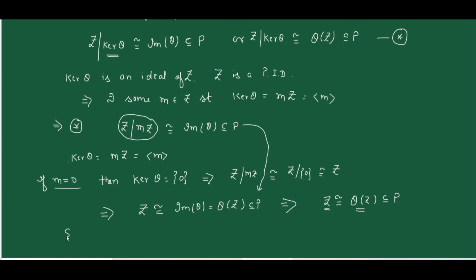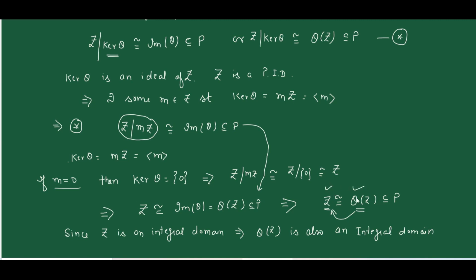Since you know that the set of integers is an integral domain, and theta z is isomorphic to z, this implies theta z is also an integral domain. It means we have two isomorphic integral domains, one is z and the second is theta z, the image of z.